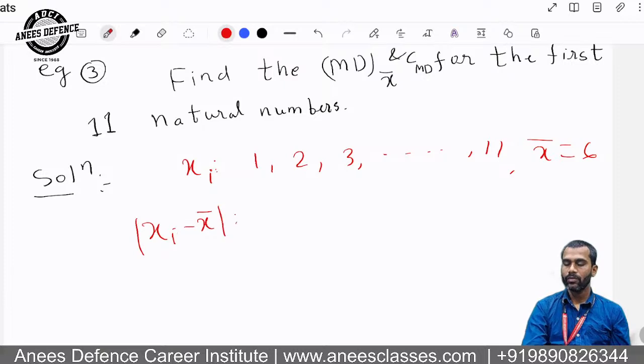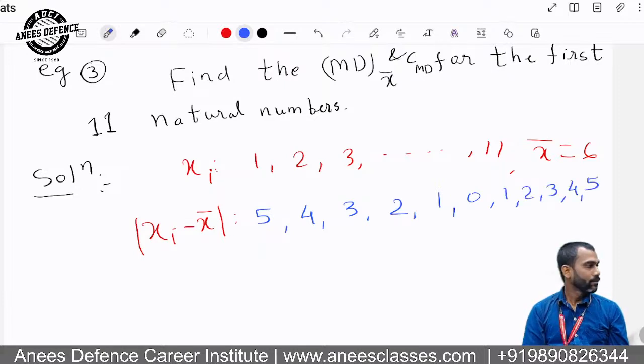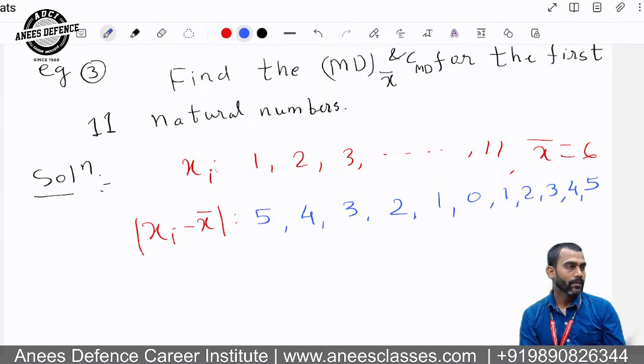So 1 minus 6 is 5, 4, 3, 2, 1, 0, 1, 2, 3, 4, and 5. 6 minus 6 is 0, with 5, 4, 3, 2, 1 on the left of 0, and 1, 2, 3, 4, 5 on the right of 0.